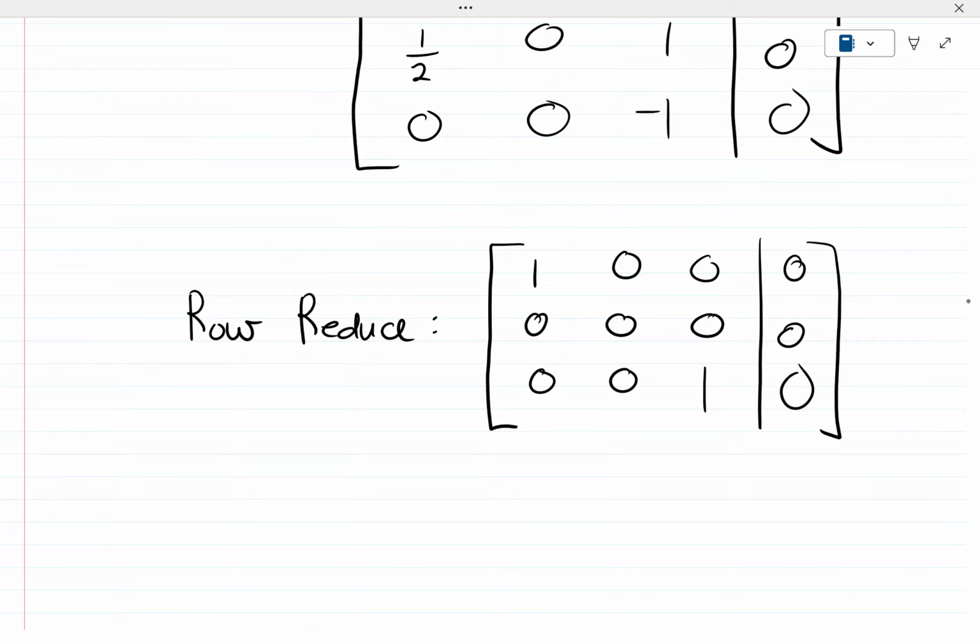And you get x1 equals 0, x3 equals 0, and then x2 equals x2, right? You get this vector, basically 1, 0, 1, 0.